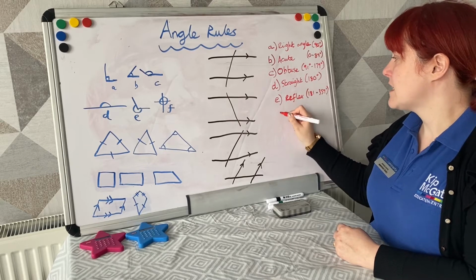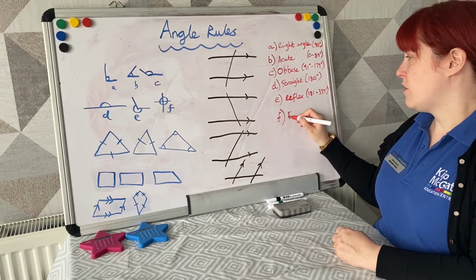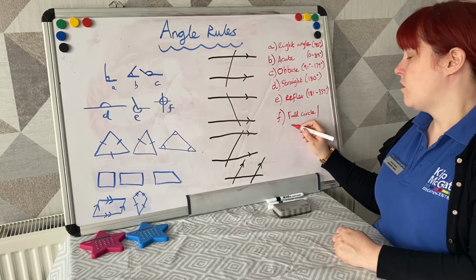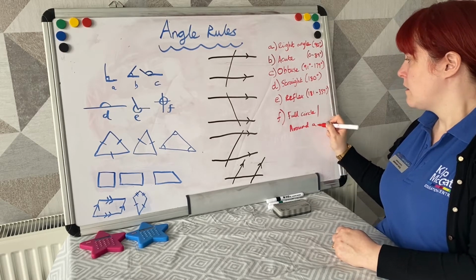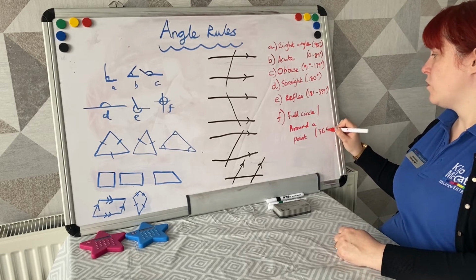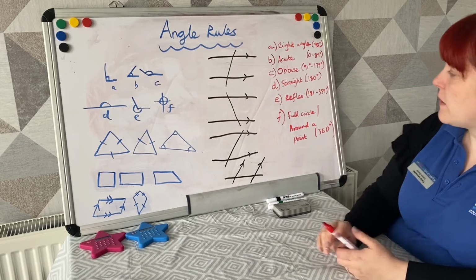Our last one is F, which is all the way around, which we could call a full circle or around a point, and it is exactly 360 for the whole way around. So those are our names of angles.